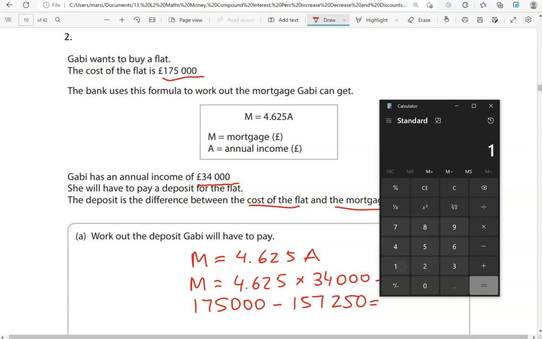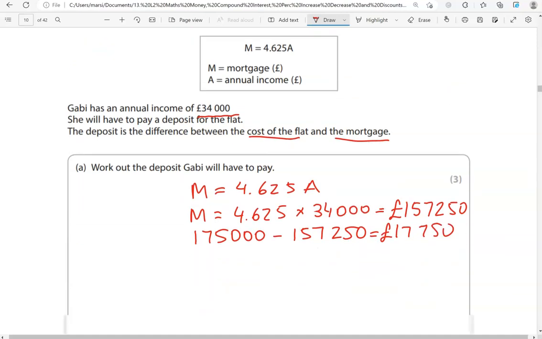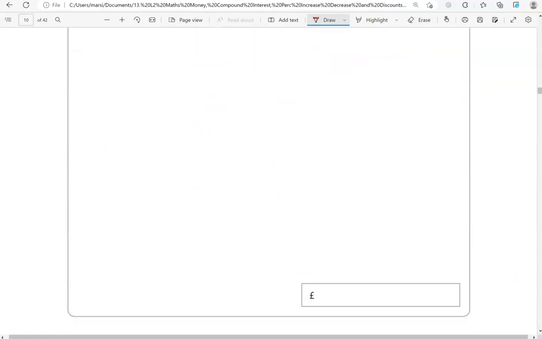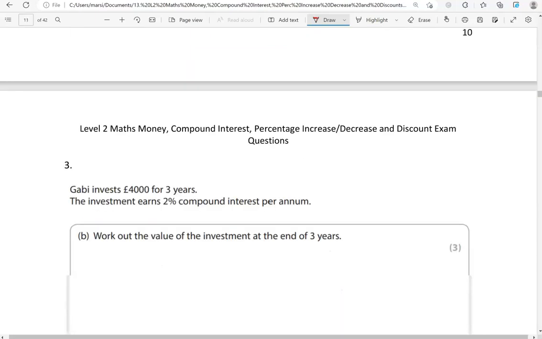So 175,000 take away 157,250, which is 17,750. That's the deposit.